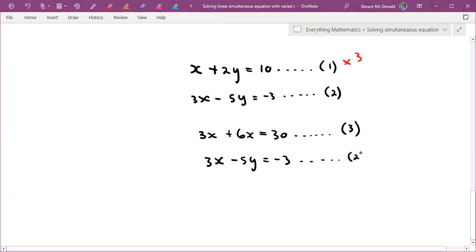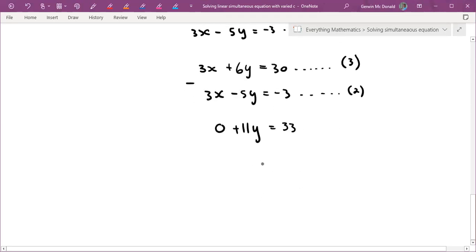So if I subtract here, these 3x's cancel each other. 6 plus 5, that's 11. Oh, well, this one worked out nice already. I could see a nice answer coming out here. This is positive 11y. And over here, 30 minus minus 3, that will be 33.